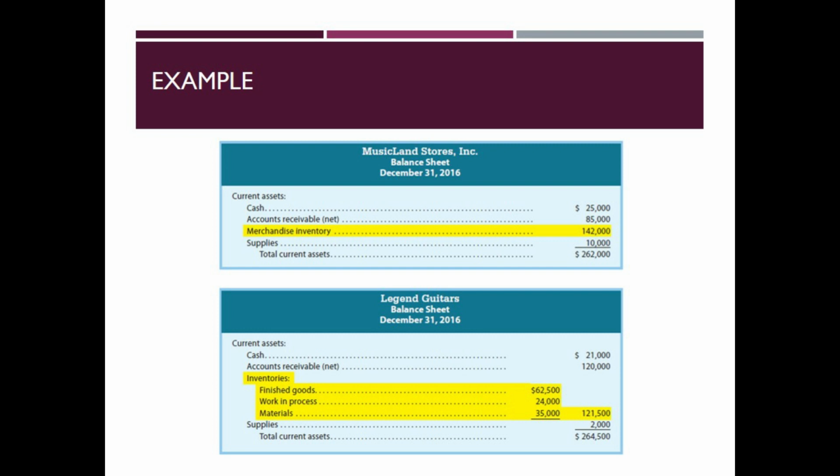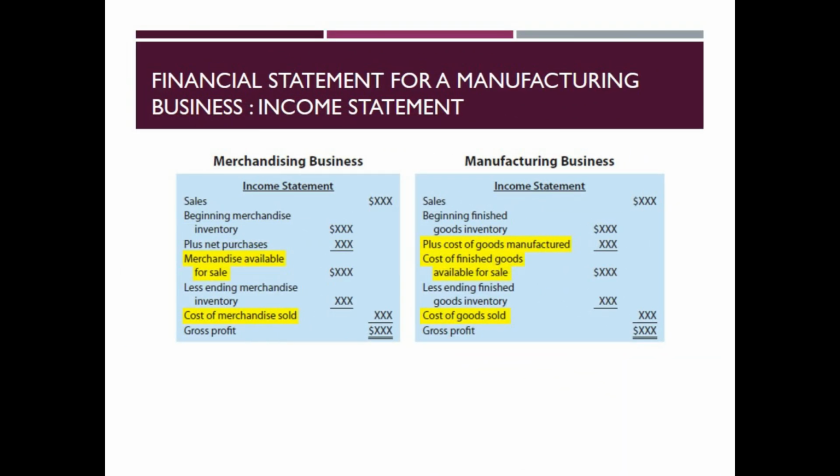Inventory, just think of it as the definition is the term itself. And finished goods inventory, this consists of completed or finished products that have still not been sold. Okay. So how about the income statement for a manufacturing company?